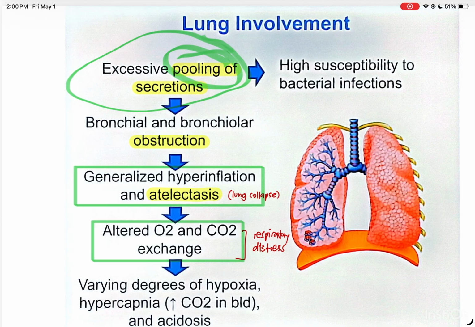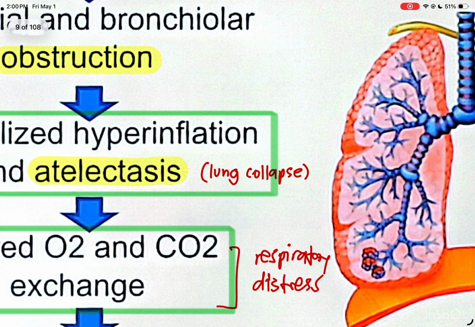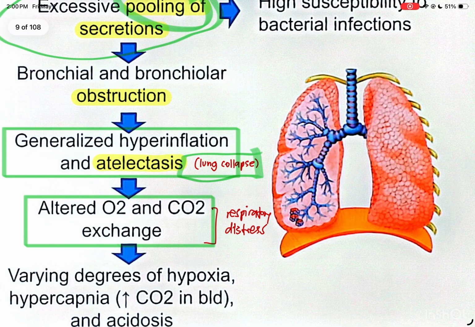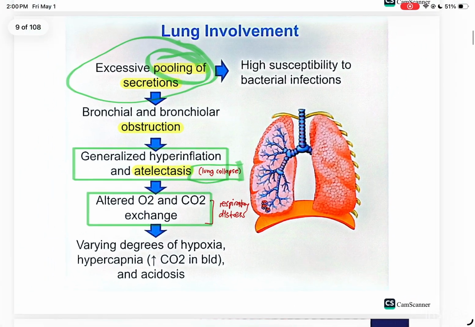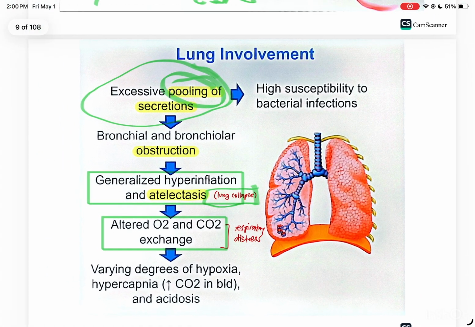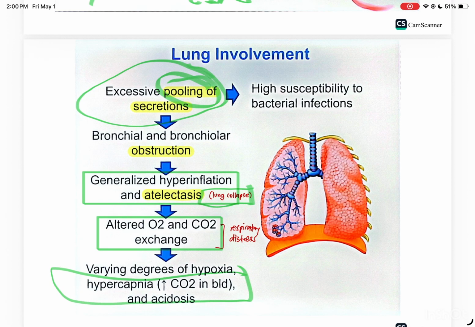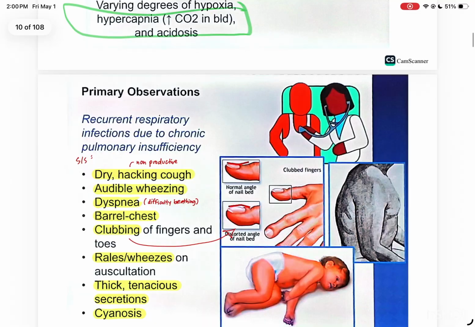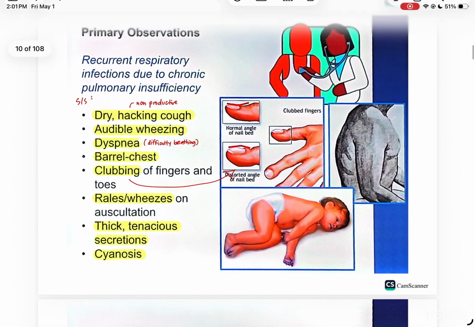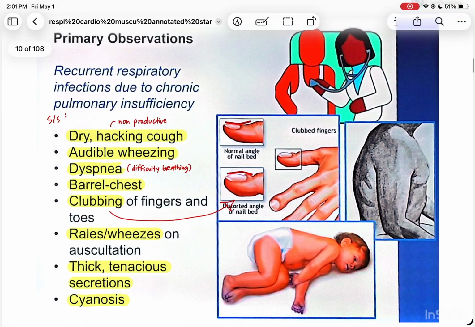What does excessive pooling of secretions mean? A great amount of secretions forms and stays in the lungs. The bronchioles become constricted, then hyperinflation and atelectasis occur. Atelectasis means lung collapse. So oxygen and carbon dioxide exchange is altered.